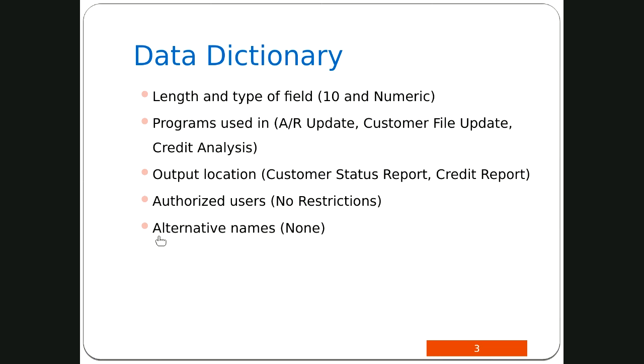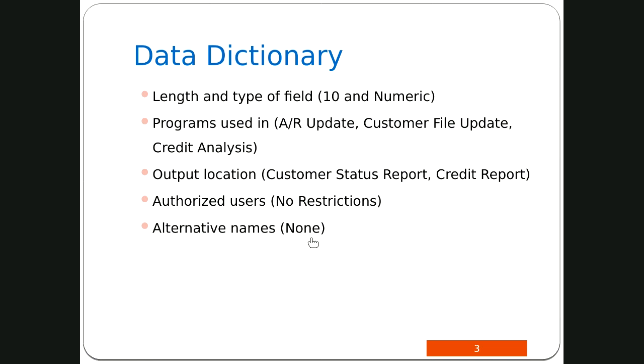And then alternative names. The data element could have alternative names. So for example, you could have student number or student ID. It means the same number. For example, we have at Qatar University an employee number, but that is also referred to as the job number, right?